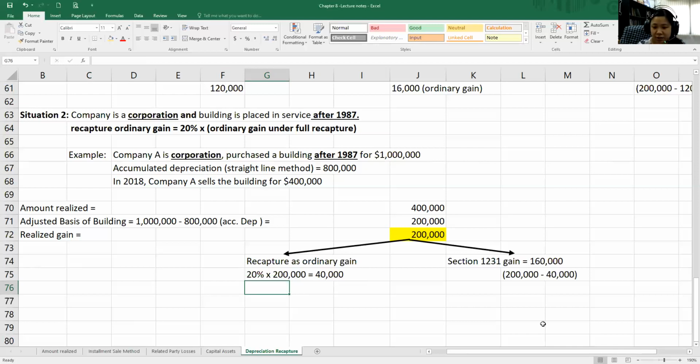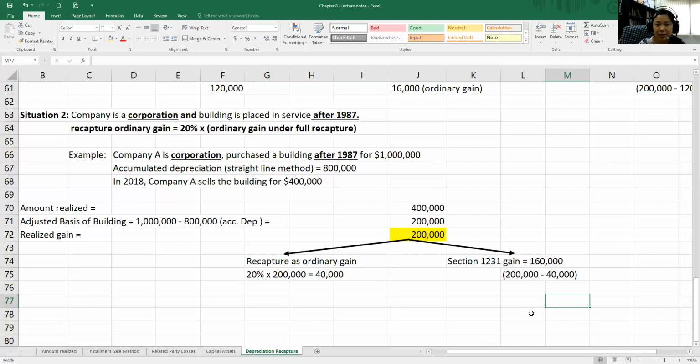And then the rest of the amount will be recognized as Section 1231 gain, which is 160,000. How do we find this 160,000? It is 200,000 minus the 40,000.